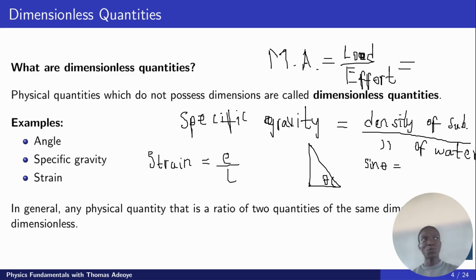Force over force, they have the same dimensions, so they cancel out. Another thing is velocity ratio, which is effort distance over load distance. So it's still distance over distance. So all these are dimensionless quantities. That is, they are physical quantities and they do not possess dimensions.